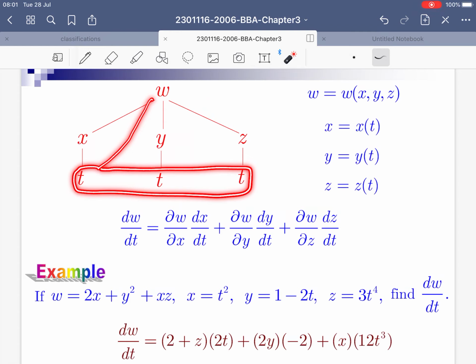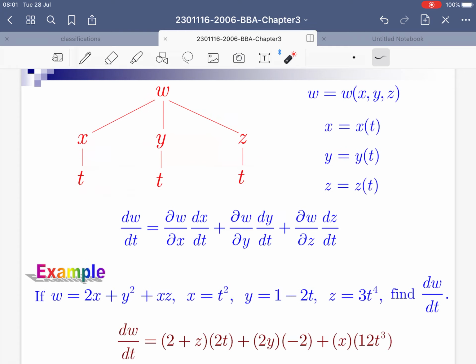So it is a function of 1 variable. So to find the derivative, you are going to use a straight d, you see. So that's why you use a straight d, because it is a single variable t here. Okay. However, to reach that t, you have to go through 3 contributions. The first through the x, the second through the y, and the third one through the z.